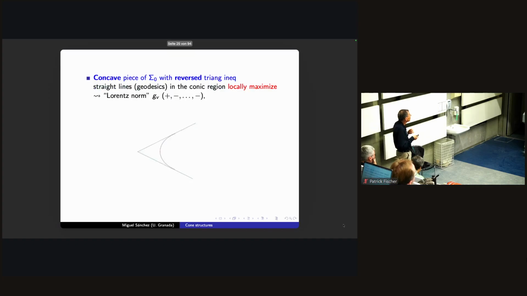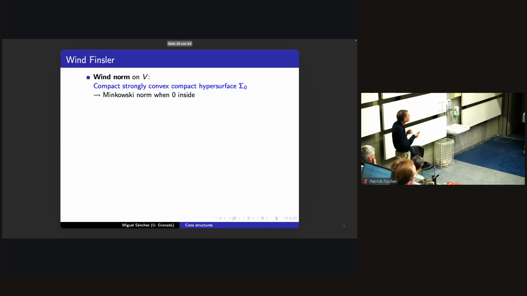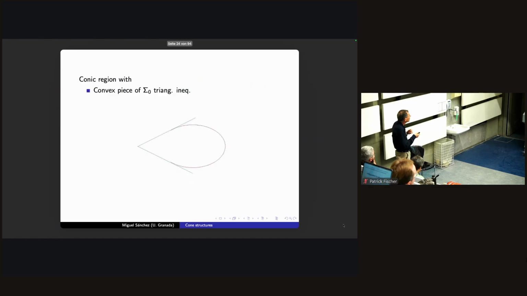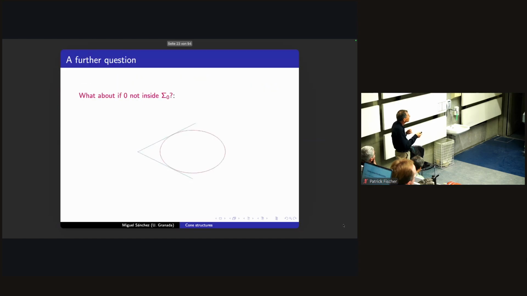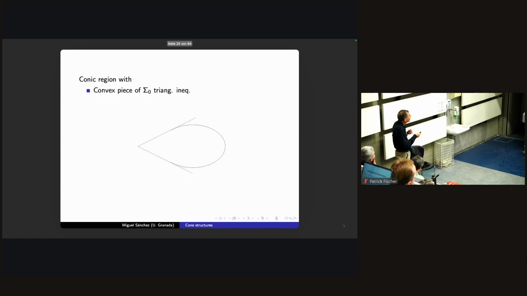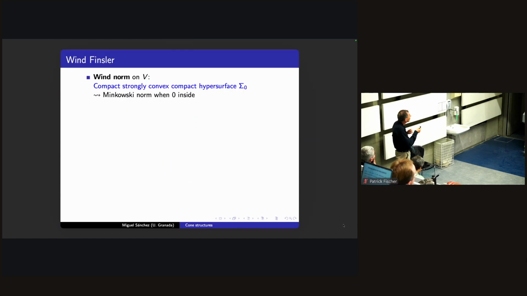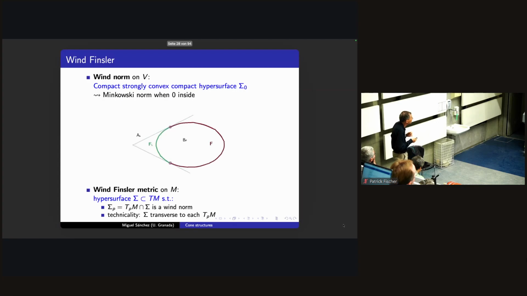Indeed, if we consider these indicatrices here, just hypersurfaces like this, we can call them wind norms: compact, strongly convex hypersurfaces, and they will be true Minkowski norms depending on whether the zero vector is inside or not. A wind Finsler metric will then be to put a wind norm at each point.